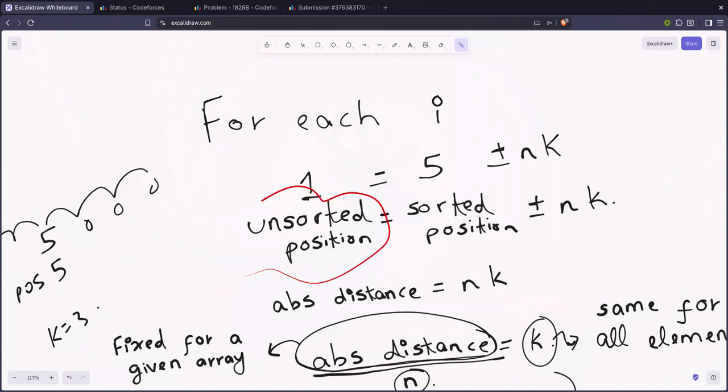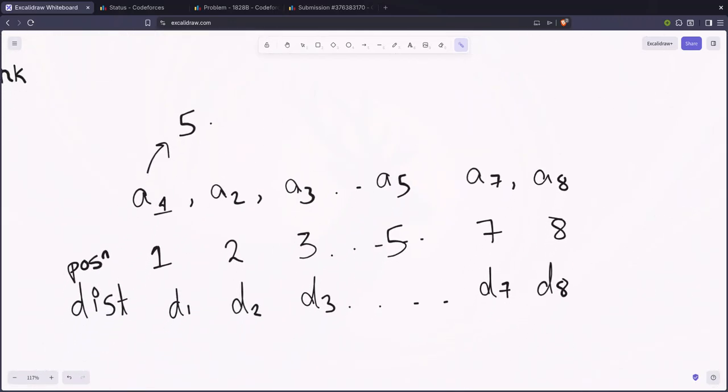This will be given to us. The array with unsorted positions is given to us. The array and sorted positions we know. Okay, so rearranging it, when we take this to the left hand side, the unsorted position minus the sorted position. In this case the unsorted position was 1, and after sorting the element 5 should be at position 5, so the sorted position is 5.